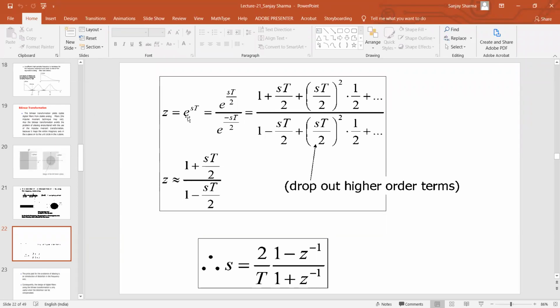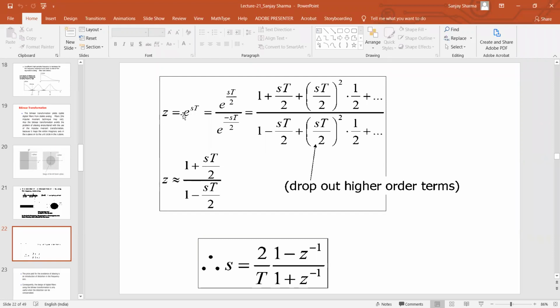Let us start from a basic relationship between the Z transform and the Laplace transform. This is the relationship by which the Z variable is related to the S variable.